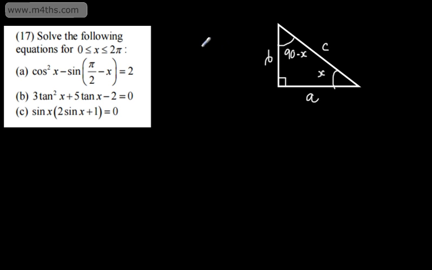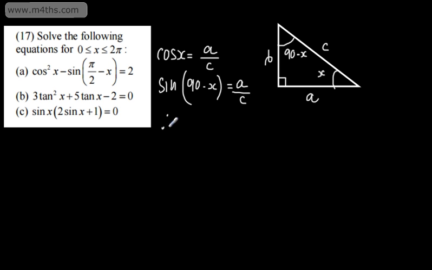So if I said now cos x, cos x is going to be the adjacent over the hypotenuse, which is A over C. If I look now at sine of 90 minus x, that is going to be the opposite over the hypotenuse, which is A over C. Therefore, what we can say at this stage is that cos of x is going to give us sine of 90 minus x, and of course we can write that the other way around.